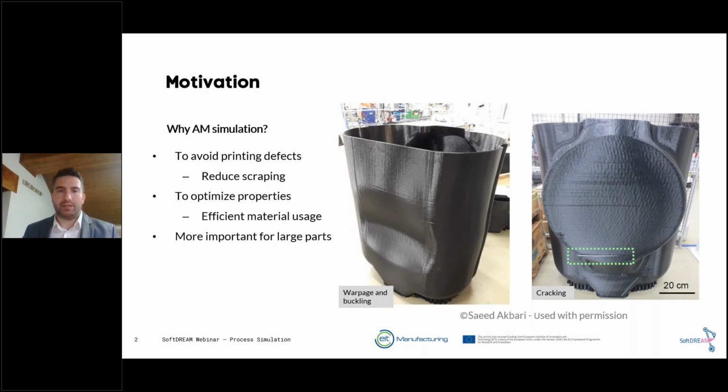The larger the part, the more important is the role of the simulation, because large parts obviously mean more waste in case anything goes wrong, and also more likely to have defects. So overall, simulating additive manufacturing can reduce costs and we can increase the quality of the parts.